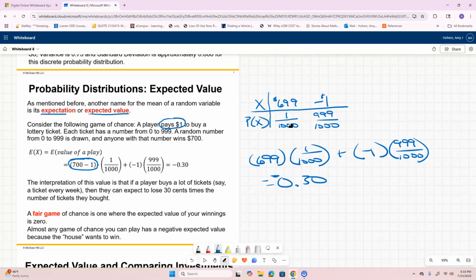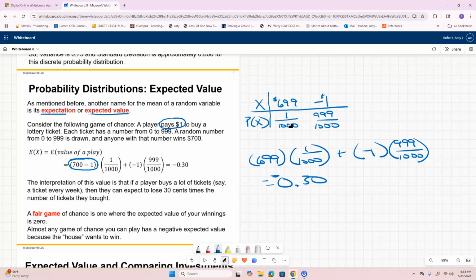So if you played 100 tickets, you would expect to lose 30 cents times 100. Okay, that's your expected value. Yes, could you win? Yes. But the expected value, or the average winnings of a player, are -30 cents per ticket.